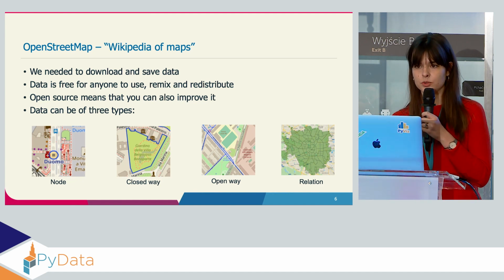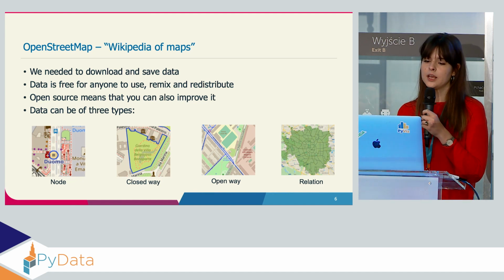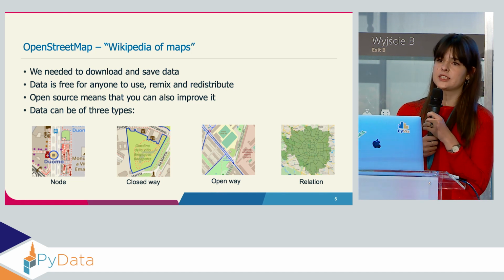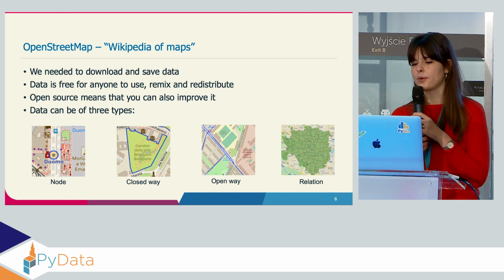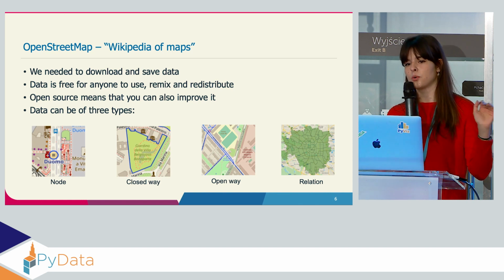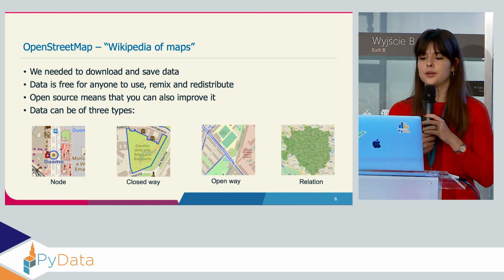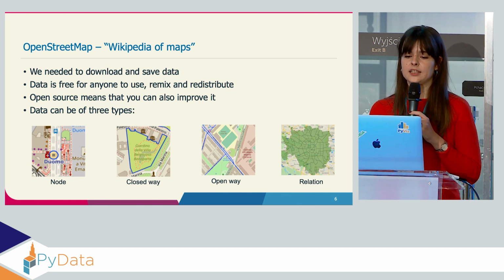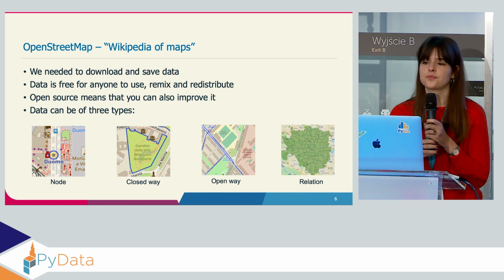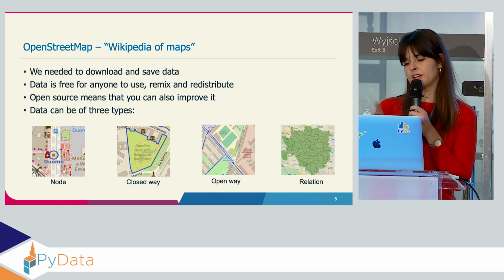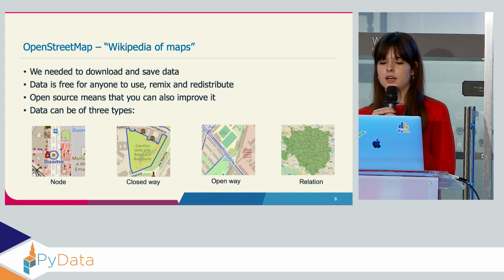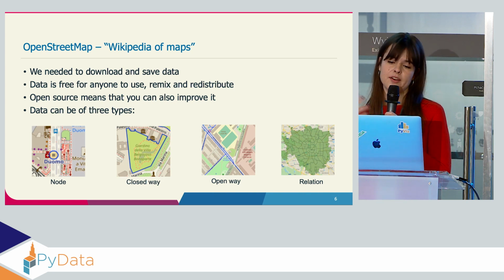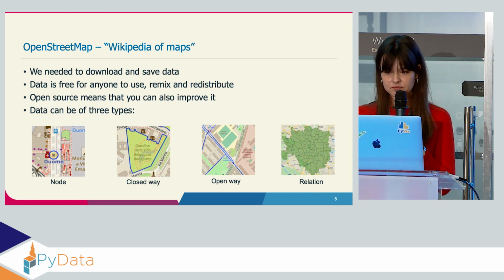There are ways, which could be closed or open. Closed ways are things like a park or a garden. Open ways are streets or train platforms. And the third type is relation, and relations, you can see here an example, are the zones, so the areas of the city.